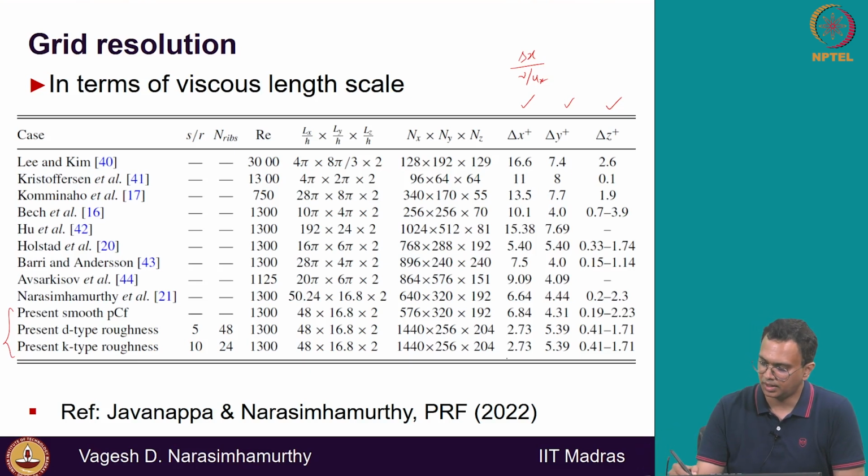As you see, this is our data. There are reference data as well. Sometimes you see that the mesh can be much larger here. Usually it should be of the same order of magnitude, like this. So it is less than 10, right?